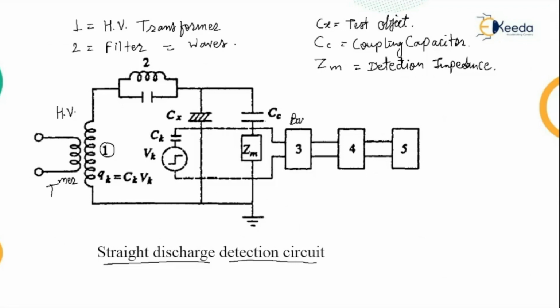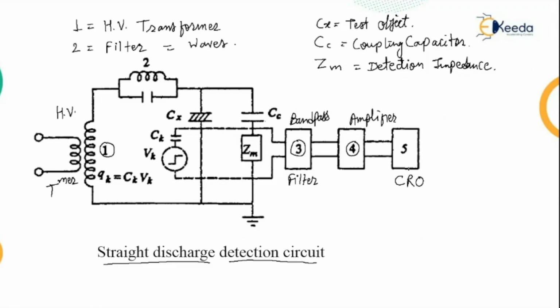So point 3 is the band pass filter, and the amplifier is point number 4. And it displays on a CRO, so point number 5 is the CRO.